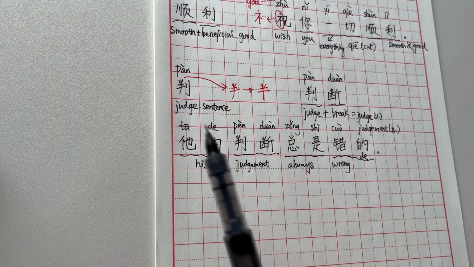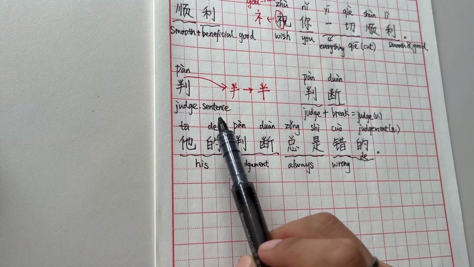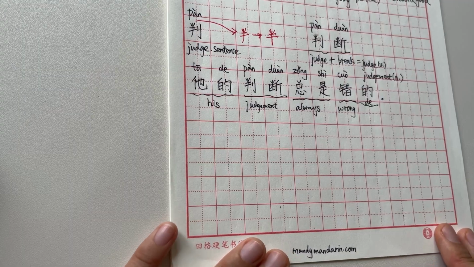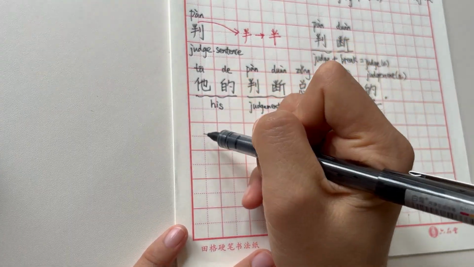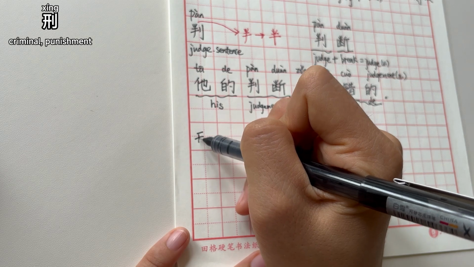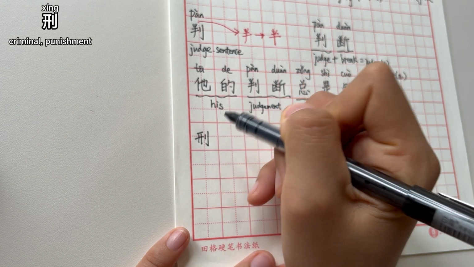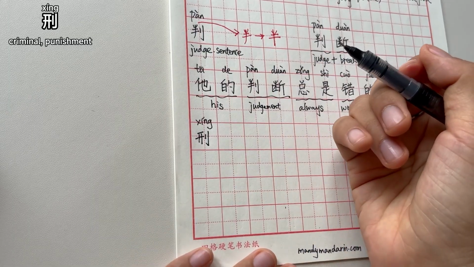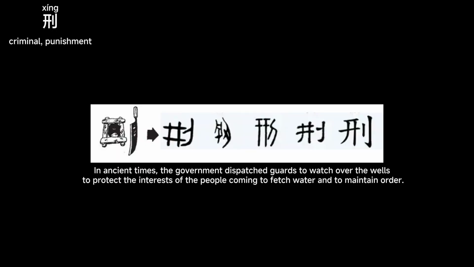So since we're speaking about judging and sentence, let's talk about something more serious. It's crime. And here is the evolution of these characters, 刑. You can see on the left side, actually this is a whale.